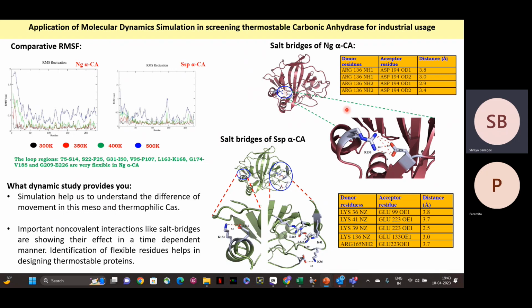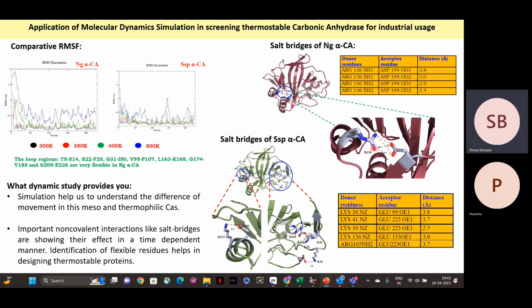Salt bridges were also detected in the two different structures. We have learned that hydrogen bonds can be detected through molecular dynamics simulation. A salt bridge is a kind of hydrogen bond, so salt bridges can be detected. For the Ng species, salt bridges were observed between arginine and aspartic acid.